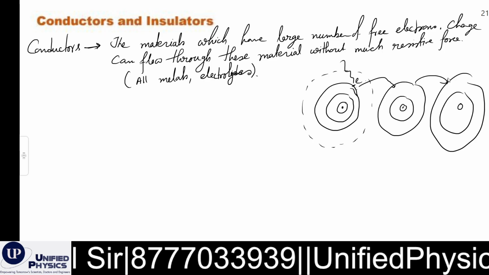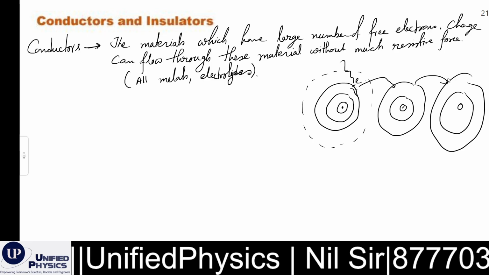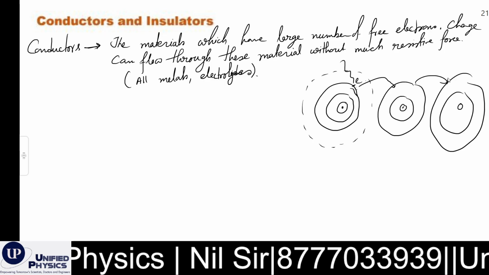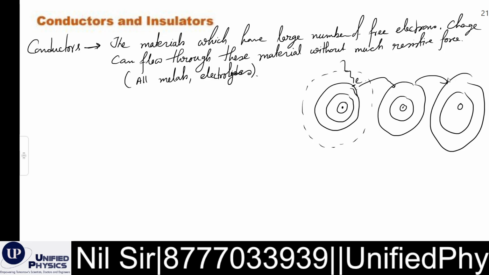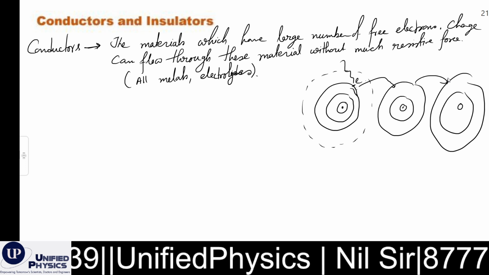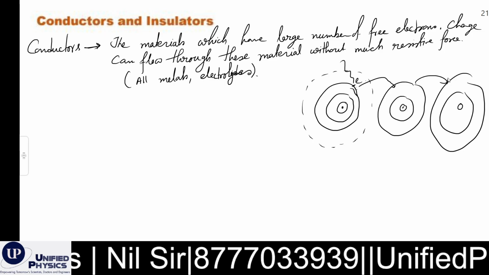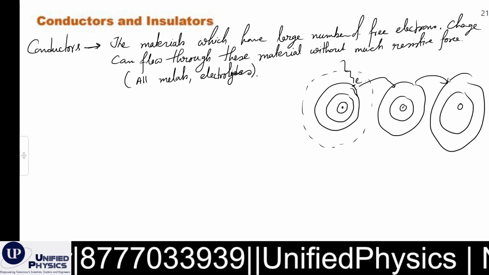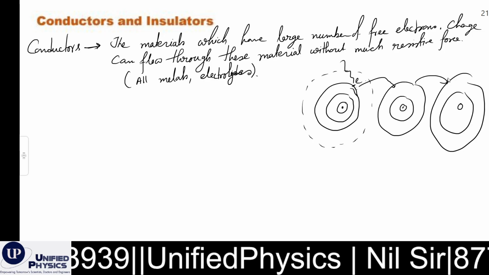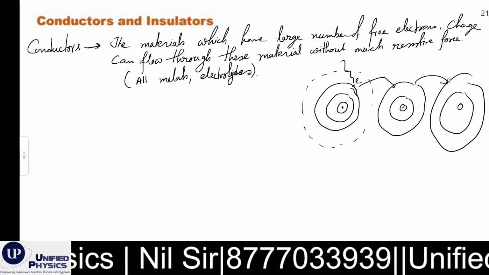But remember, these electrons cannot come out from the metal body. When an electron tries to come out from the metal body, energy is required for that ejection, and that energy is called work function. We are going to discuss work function in our dual nature of radiation chapter. So what is that work function?